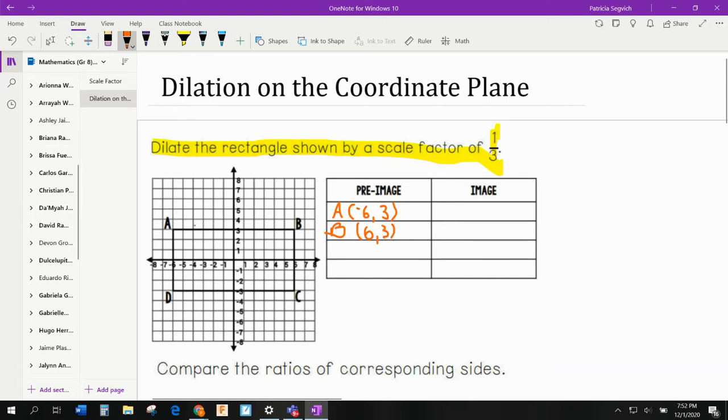For point C, we have a +6, -3. And for D, we have a -6 and a -3.